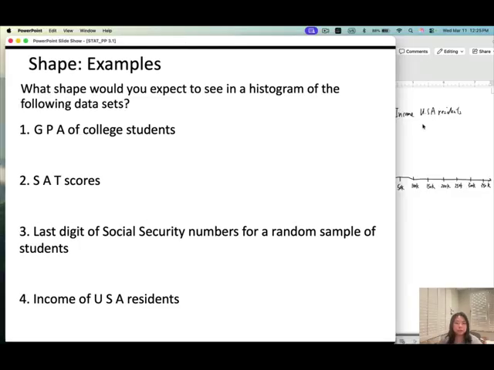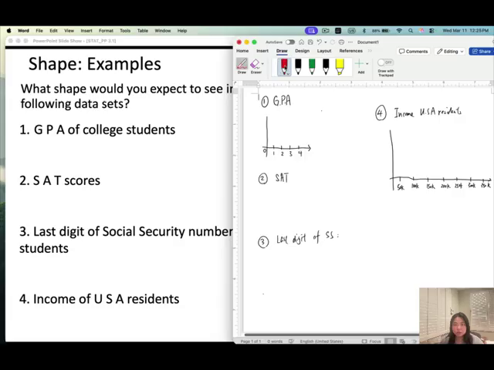Okay, let's do it together. First one, GPA of college students. You can choose uniform distribution, normal distribution, skew to the left or skew to the right. So look at the pictures here.